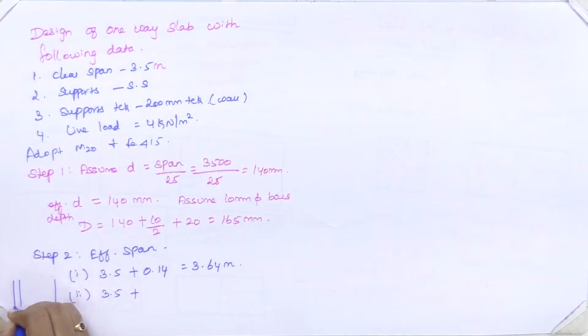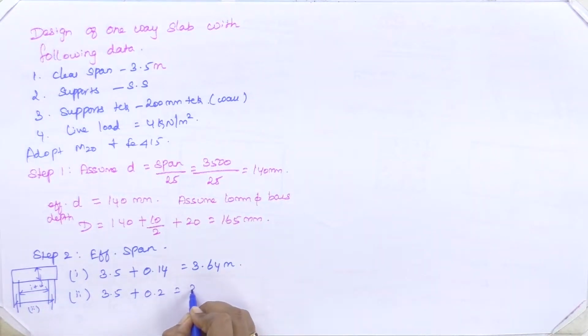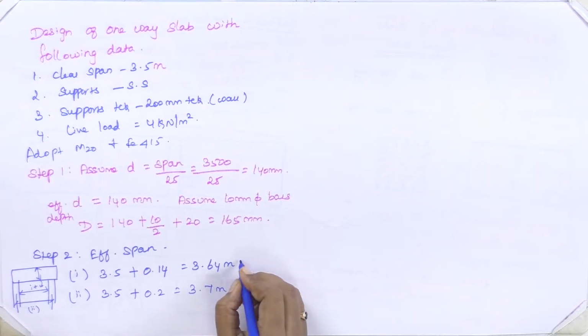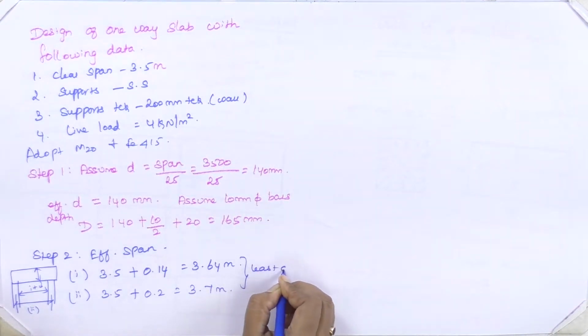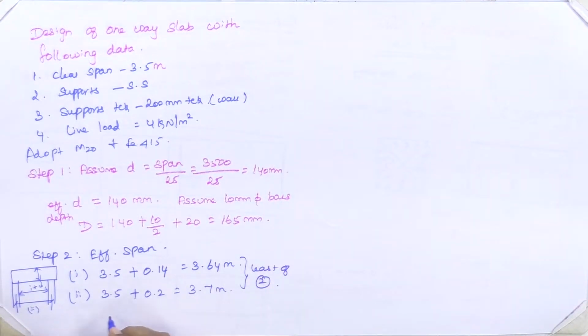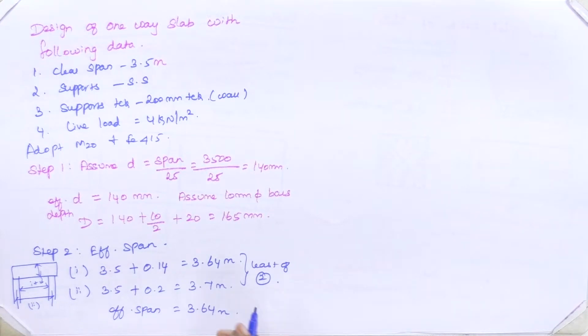This is my wall thickness, this is my slab. First one, this is the center to center distance, this is the second criterion. This one is the first criterion plus this depth. So this will be around 3.7 meter. So least of the two, I'll take effective span is equal to 3.64 meter.